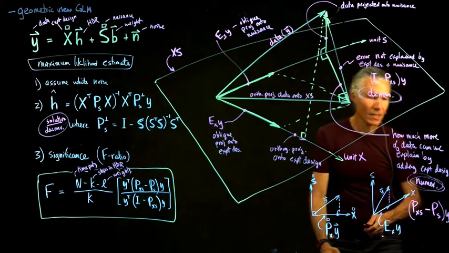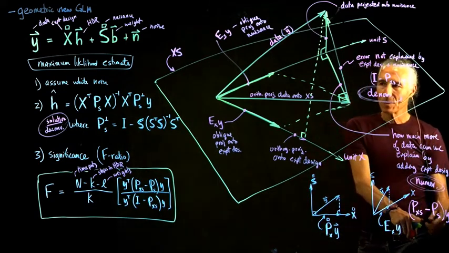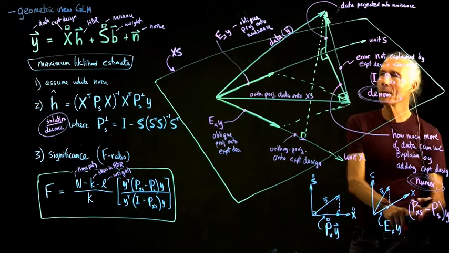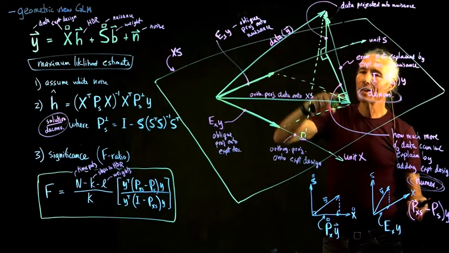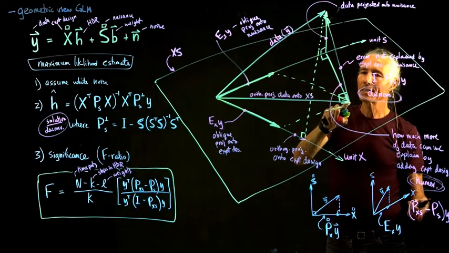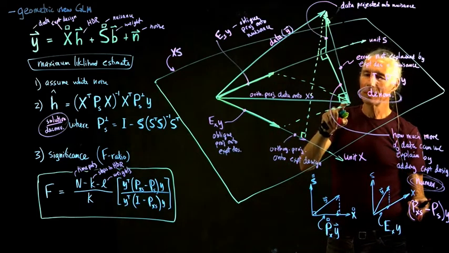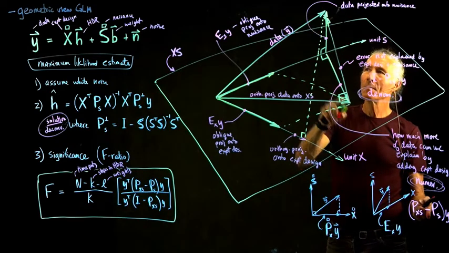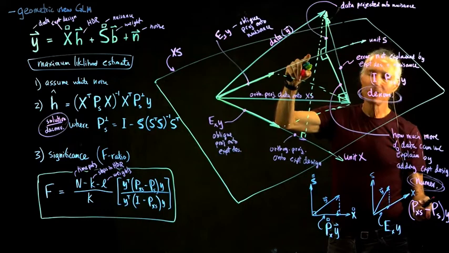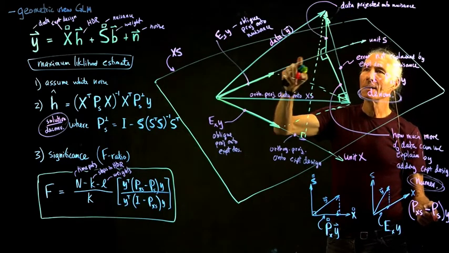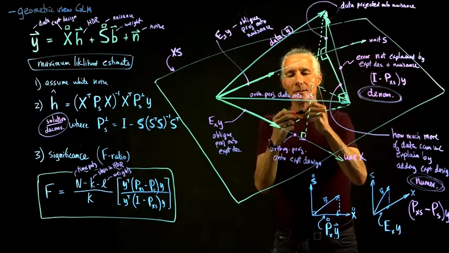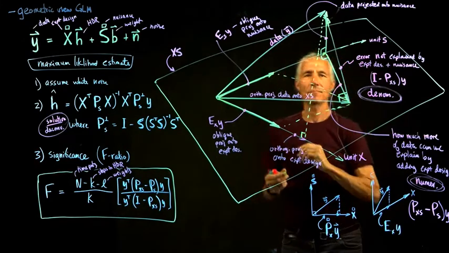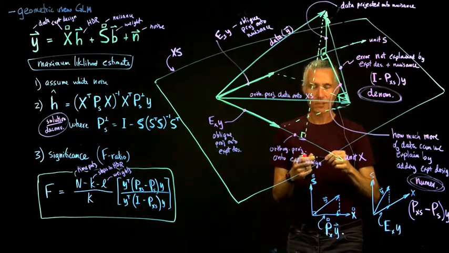So we project this guy onto the combination, that's this vector here, and then we subtract off projecting this guy just onto the nuisance, that would be this guy, which I didn't draw.